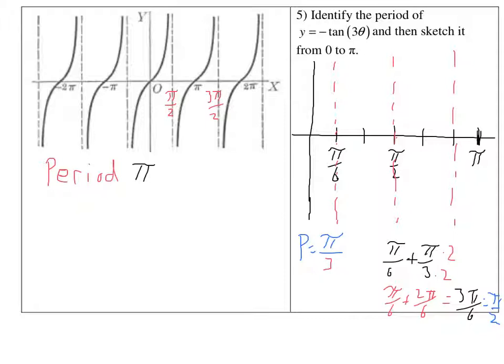Now, the next part of the question is, look at the graph. This is a negative tangent. So isn't a negative tangent going to be upside down? So from here, for the first pattern, normally it went like this, right? So won't it be flipped? Do you see how it's going to be like that?